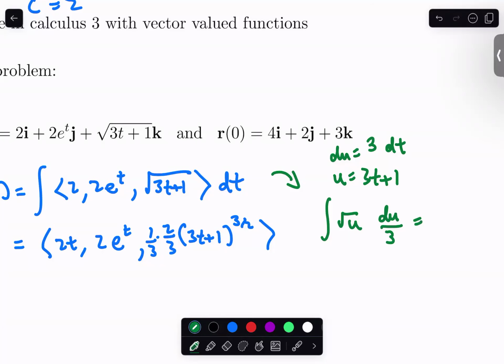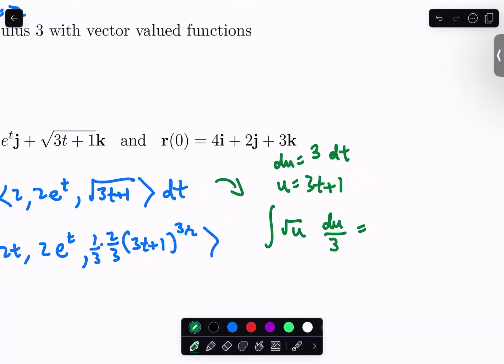Now when I integrate this, the square root of u becomes u to the 3/2 times 2/3, and this extra 1/3 is along for the ride. Plug back in your u, and you have exactly what I had here a little bit faster.